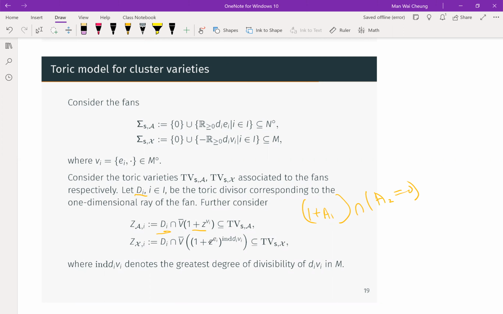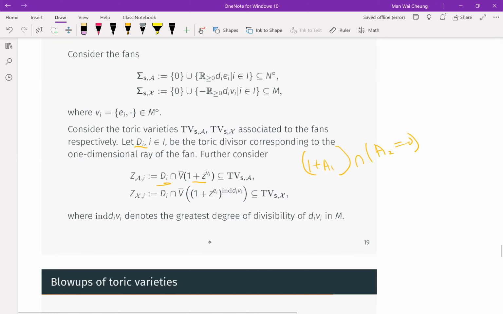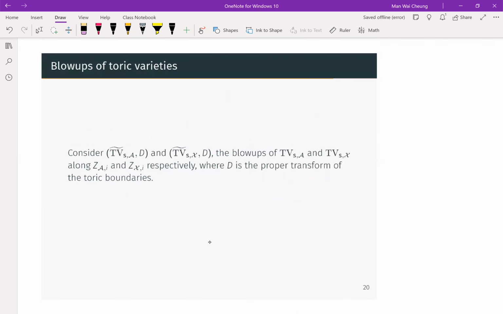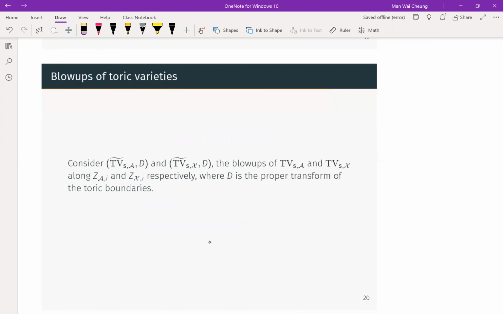In the cluster world, we just look at the zero locus coming from our mutation map in both the A and X cases. In rank 2 it's particularly easy, because by the fundamental theorem of algebra we just have points. Actually, this is one thing we use at the end to conclude the Landau-Ginzburg part. And then we blow it up.